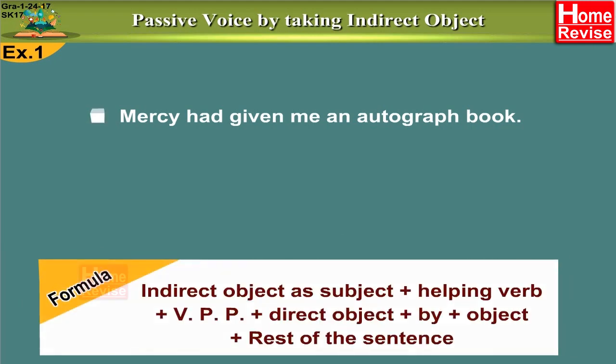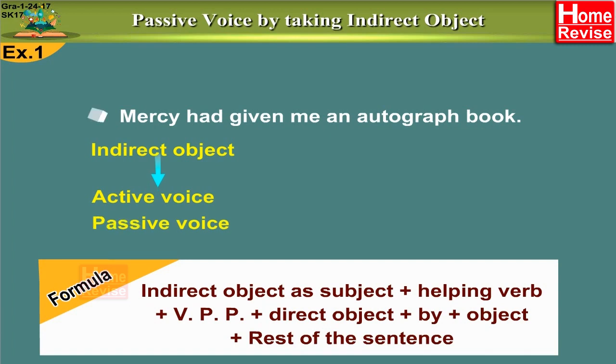Well, we have a formula for it as well. According to the formula, the sentence begins with the indirect object. But you must understand the difference between the indirect object used in the active voice and in the passive voice.